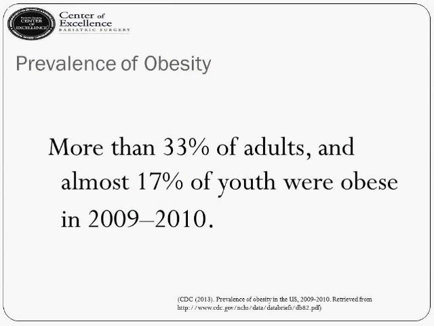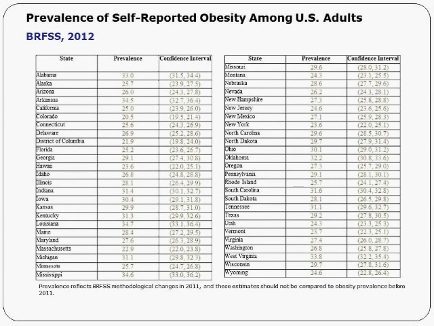The prevalence of obesity is that there are more than 33% of adults and almost 17% of youth who are obese in 2009 to 2010. I've put a handout out here for you that shows the different states and the prevalence of obesity in the different states. And it's interesting because a lot of people will sometimes kind of try and guess.